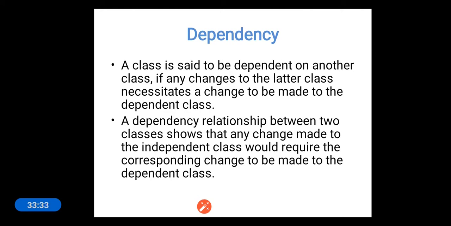Whenever there is high coupling, we can't understand the design process completely. So this relationship should be avoided. That means it should be very less. A dependency relationship between two classes shows that any change made to the independent class would require the corresponding change to be made to the dependent class.